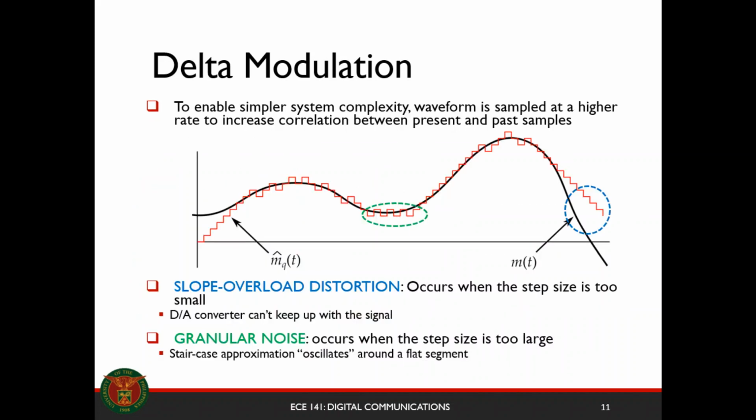This is what happens. If this is your signal, the black line, your output signal from your delta modulation would look like this. If the signal is greater than the current value at the output, your delta modulation would increase by 1 step.